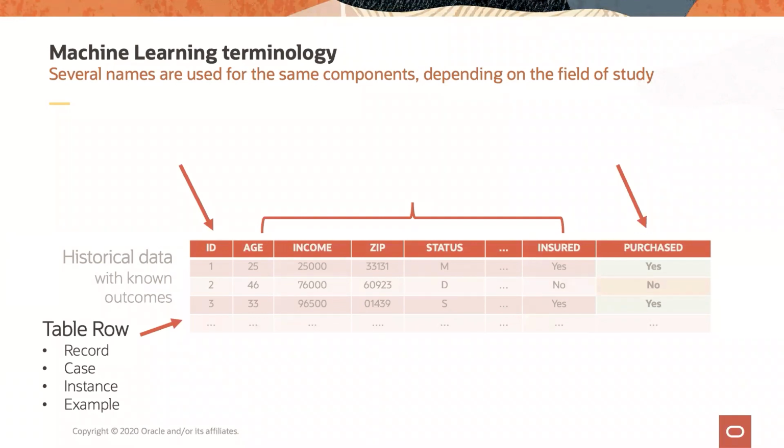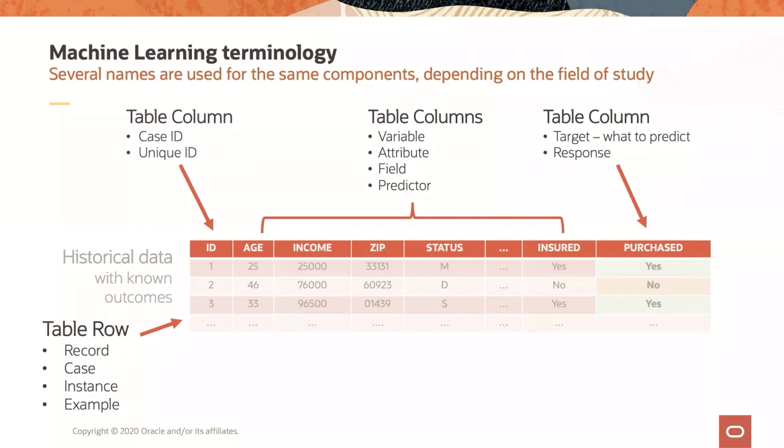So when you think about these components, let's say this part of that. So the chunk of the data in the middle here, you would normally call these table columns, right? But people can call it variables, attributes, fields, or predictors, right? So it really depends on who you're talking to.